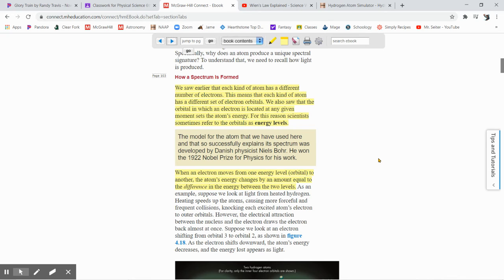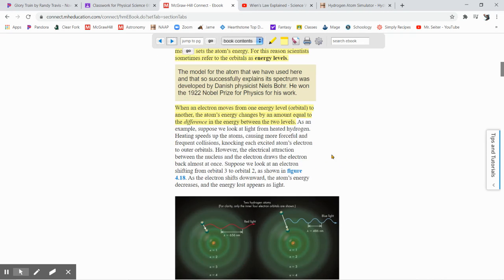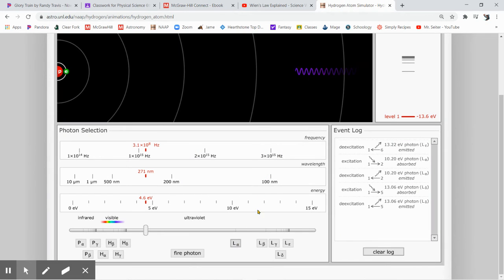But when an electron moves from one energy level or orbital to another, the atom's energy changes by an amount equal to the difference in the energy between the two levels. And we already know that. Here's our energy and what's going on over here. Boom, there it goes.